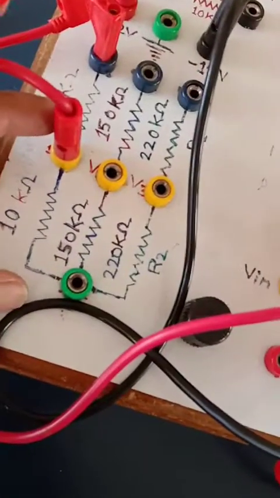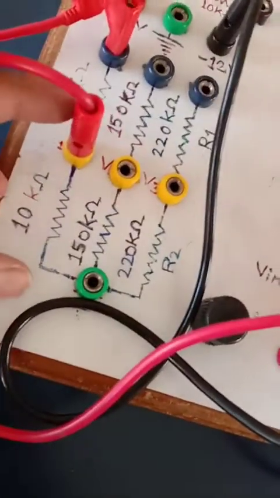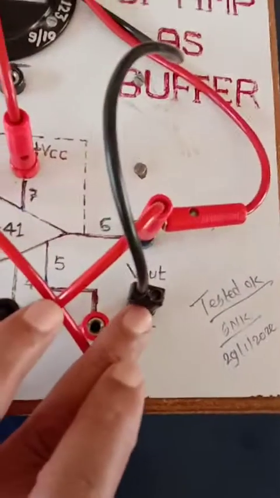Okay. Now with the buffer, how much voltage are we getting? That is the voltage across R2. We have to measure the voltage across R2 with the buffer.